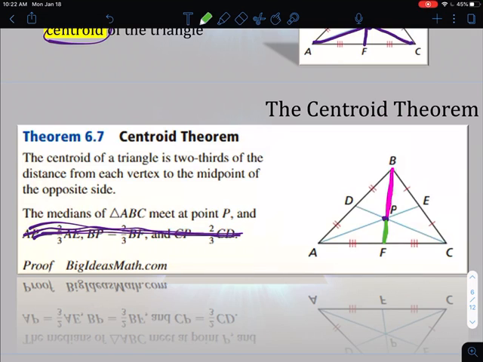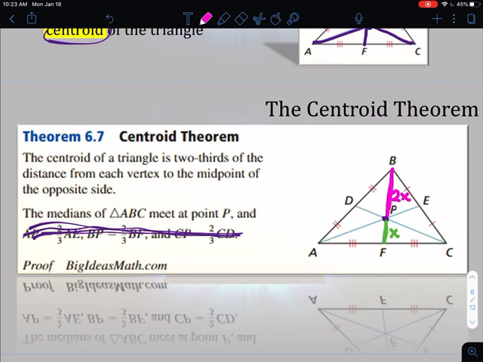Now what I want you to remember is the small piece is always half the size of the big piece. So whatever this little piece here, P to F, is in green, it's always half the size as the big, which means the big is twice as big. So whatever the small is, the big is going to be twice as big. So there's my two parts of the median.